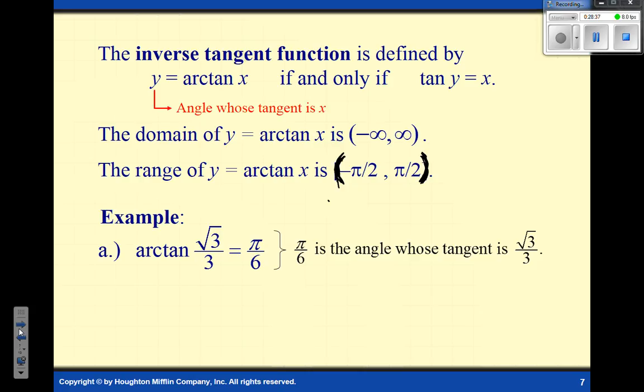That means now the range is restricted. Since the range of the tangent function was all real numbers, now the domain of the inverse is all real numbers.